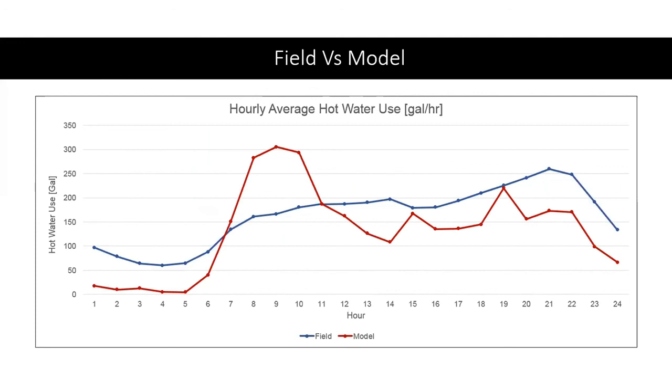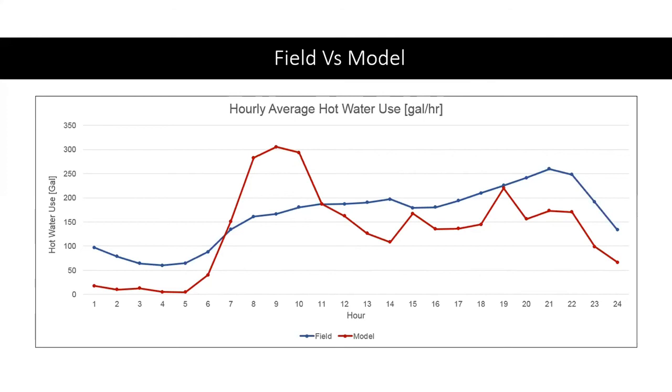So we are interested in knowing what the engine is doing, or how domestic hot water is being modeled in the source code of the CSE. Because it's pretty interesting that it's really large between 7 and 11, and the field data shows it's much more like just gradually increasing throughout the day.